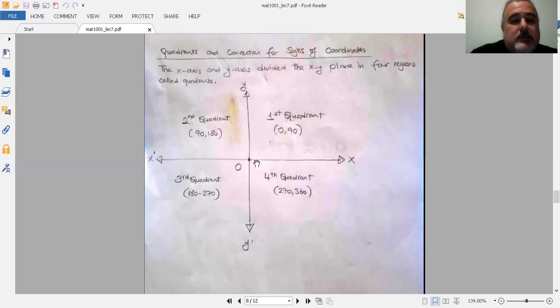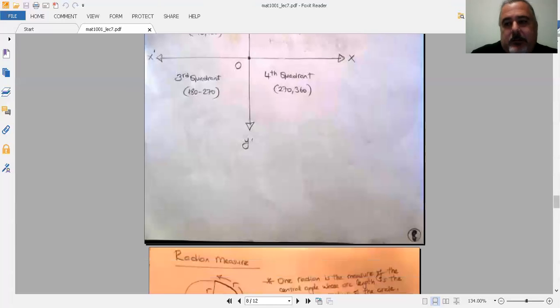The third quadrant is between 180 and 270 degrees, and both are negative, -x and -y. The fourth quadrant is between 270 and 360, and it is positive x and negative y. Okay, this will be important later.